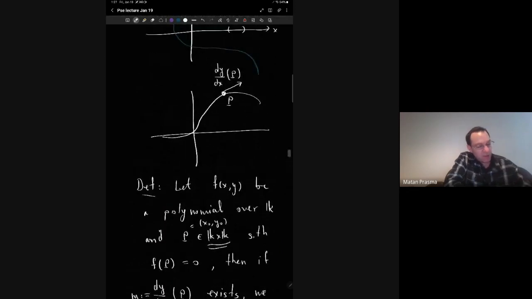And then what we get with the picture is this blue line, so you could say that the tangent line over the real numbers is the unique line that passes through the point P and has a slope that goes exactly in the direction of the function at P. So you can think of it as the best linear approximation of the function in a neighborhood of P. Is this clear? I can explain a bit more if not.